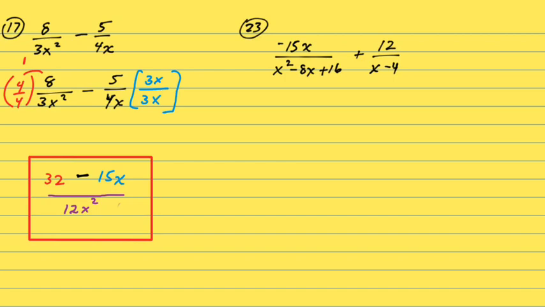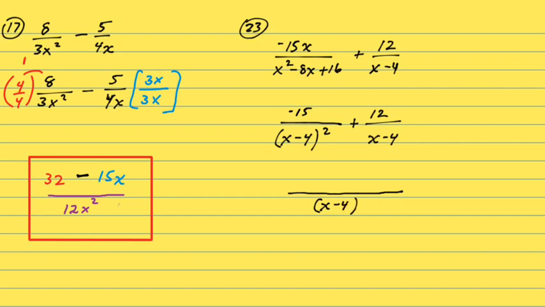Okay, we're going to move on to 23. Again, you have to get a common denominator. So I'm going to factor this into x minus 4 times x minus 4. This is 12 over x minus 4. What's my common denominator? What's the highest power of x minus 4 that you see up here?